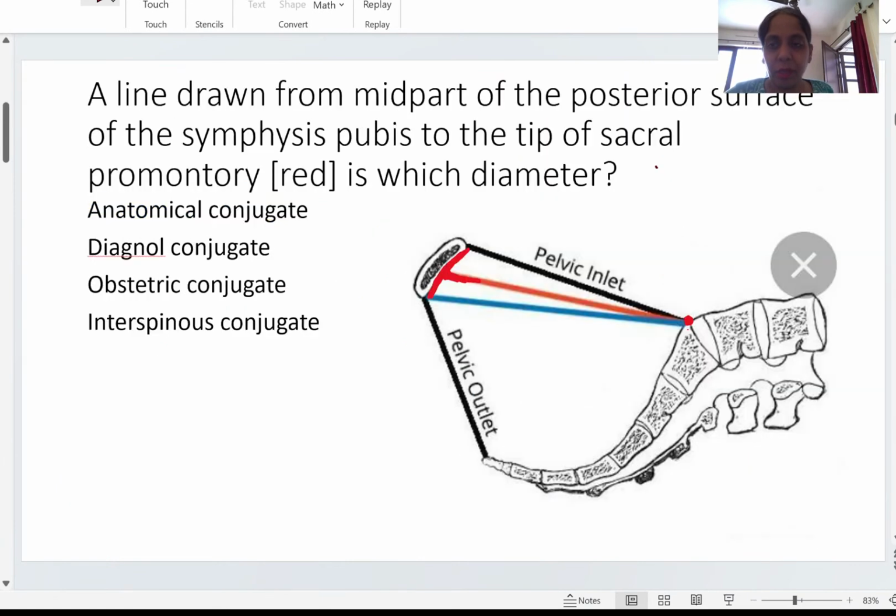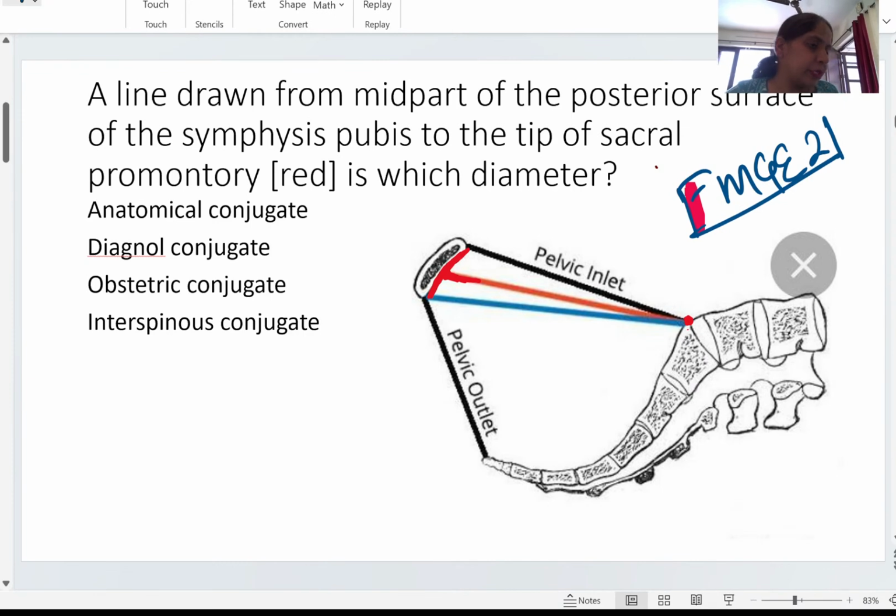Okay. Just take this question. This is from FMG 21. Just see this question. Very good, very good.